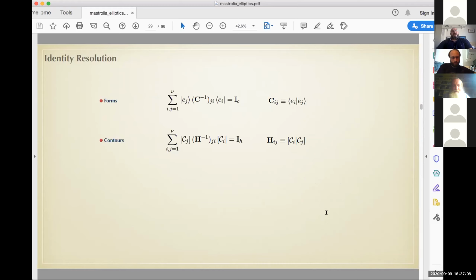Having identified forms and cycles as basic building blocks of our algebra, we can also form two completeness relations or identity resolutions. One for forms, for cohomology classes, and the other for contours, with homology classes. And here you can see again the intersection number between forms and the intersection number between contours.